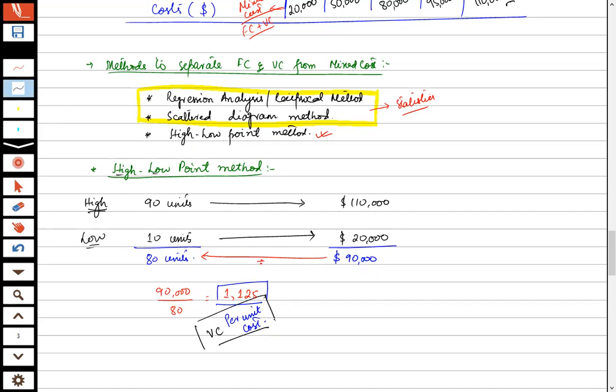This will give us variable cost per unit. And according to the characteristics that we had studied, variable cost per unit will remain the same at all levels.